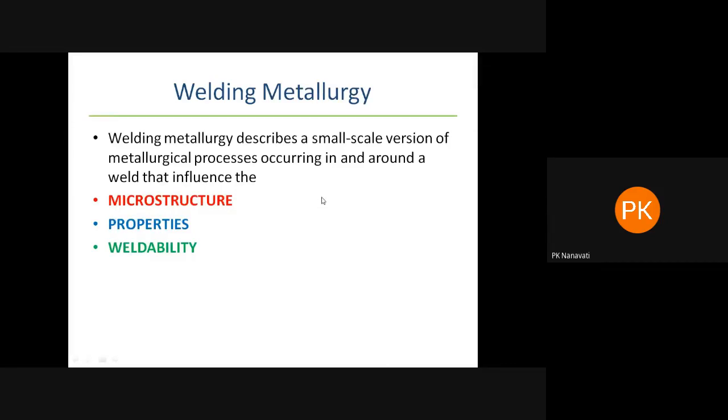I'll try to explain it in very simple terms so that the students find it interesting and are inspired to do some work in welding processes for their project work. So microstructure, properties, and weldability are what welding metallurgy is all about.